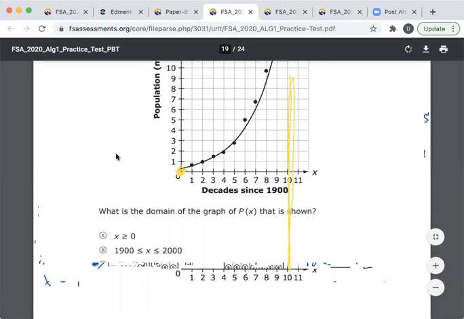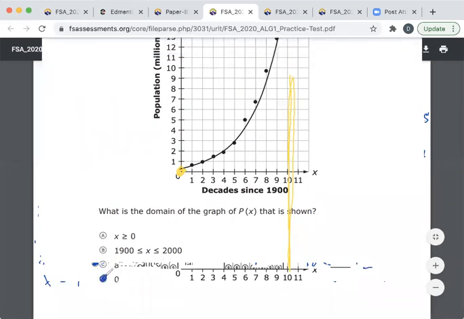So from 0 to 10. So the answer would be D. Like 0 here, anything along the line, and then less than or equal to 10, which is where this yellow line is. Okay? That's just for this portion of the graph that they're asking for.